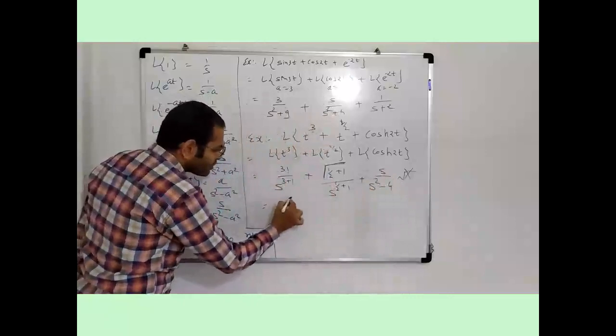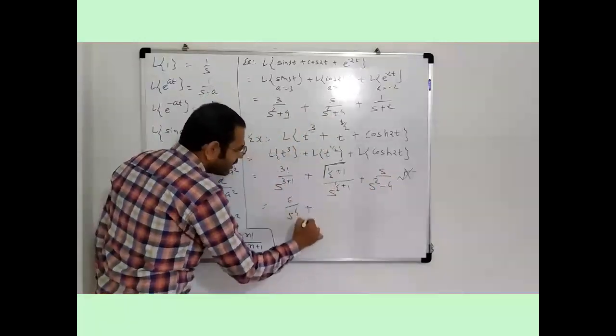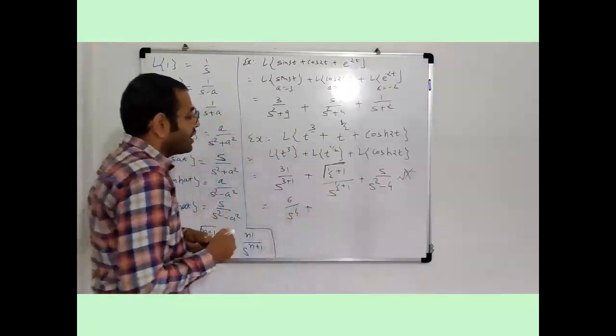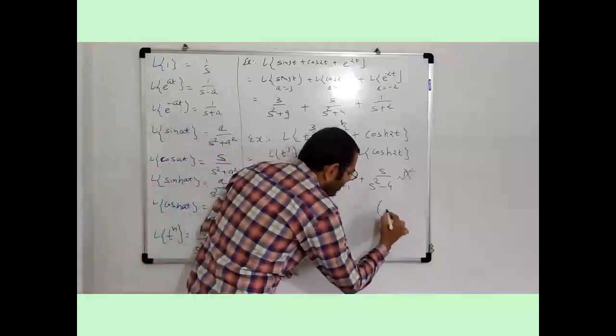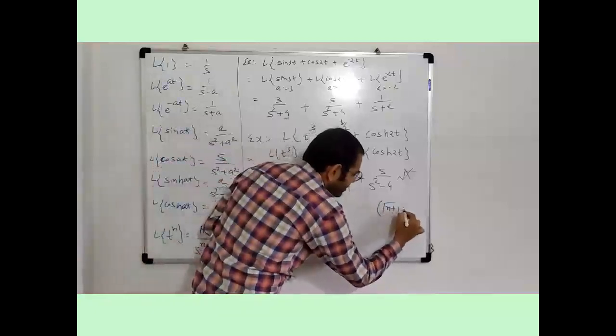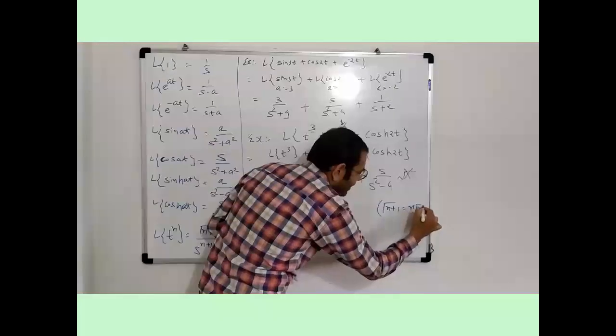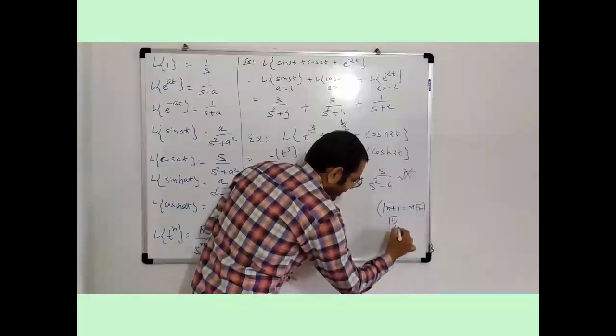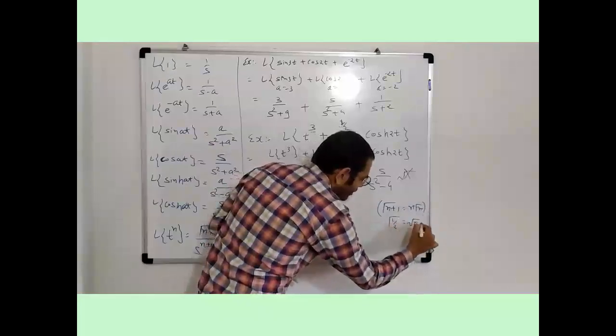Now 3 factorial, 3 twos are 6, upon s raised to 4, plus, by the properties of the gamma function, gamma n plus 1 equals n gamma n, and gamma 1/2 equals root pi.